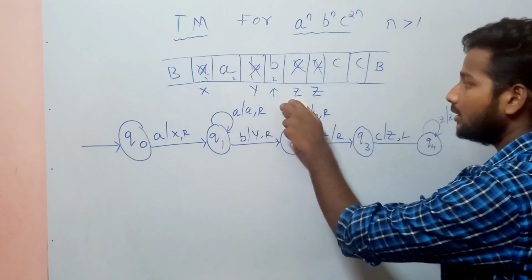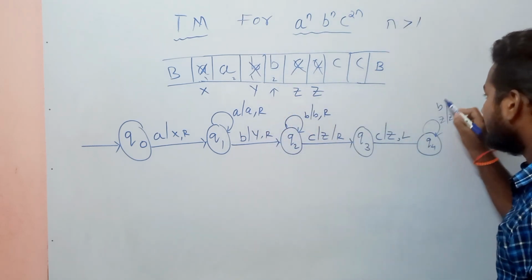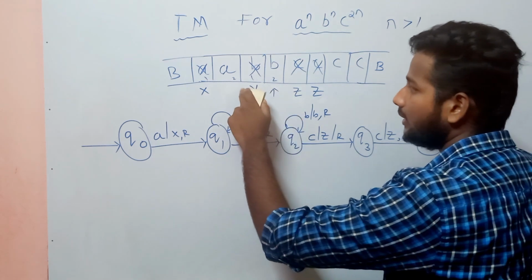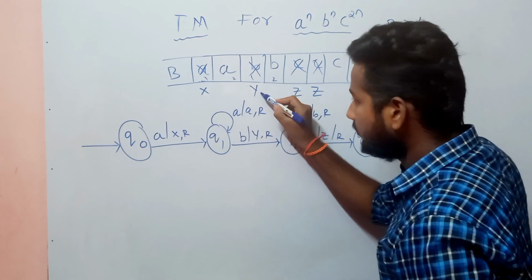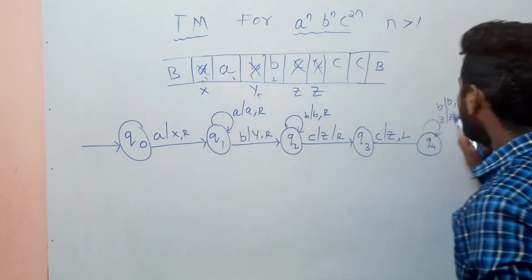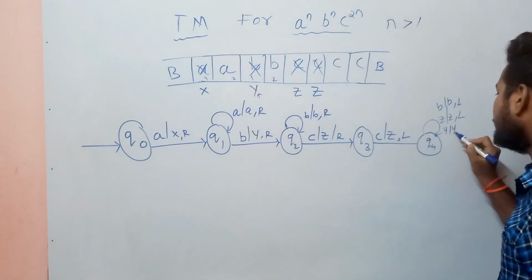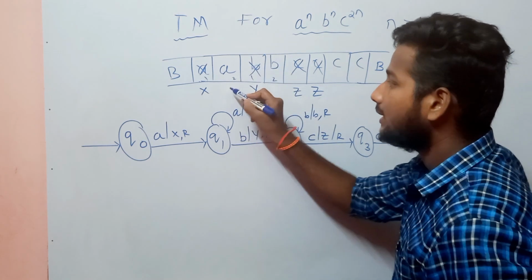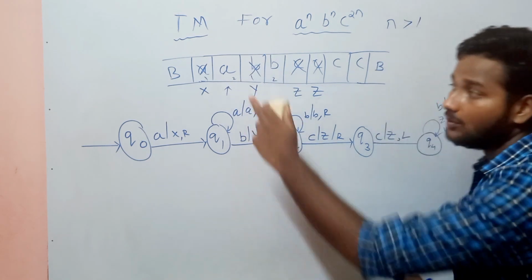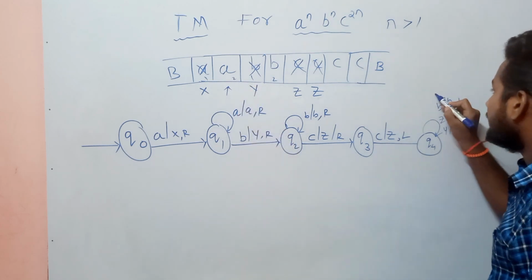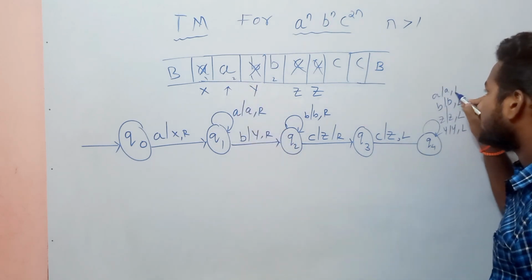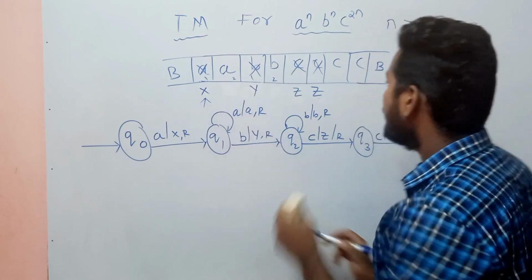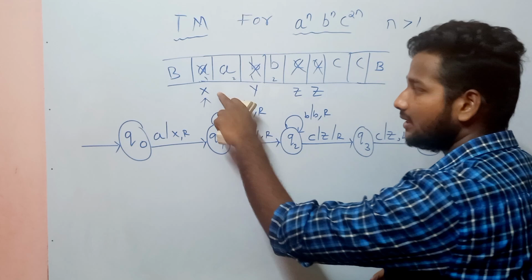We ignore B as B and move left. Then we ignore Y as Y and move in the direction left. Then A remains as A and the direction moves to L. Now the pointer is at X. From left to right we reach X.